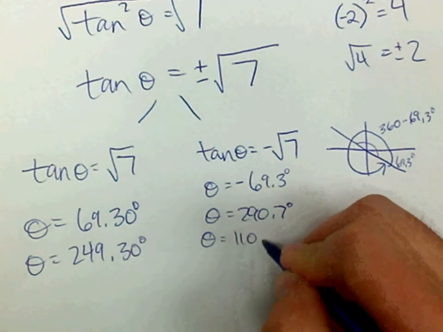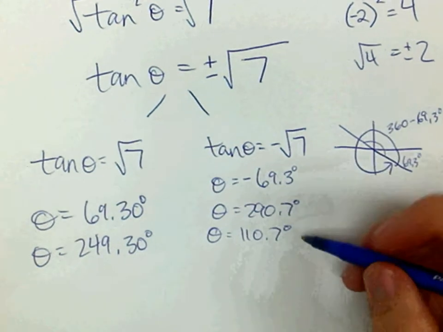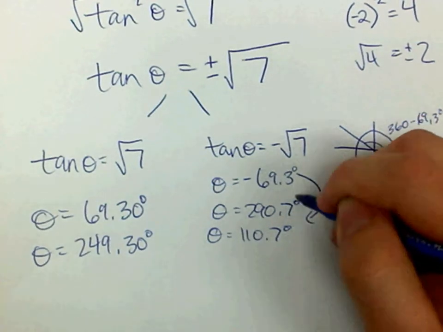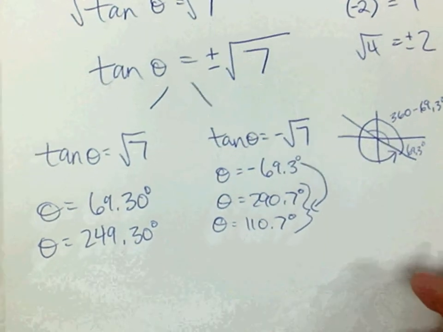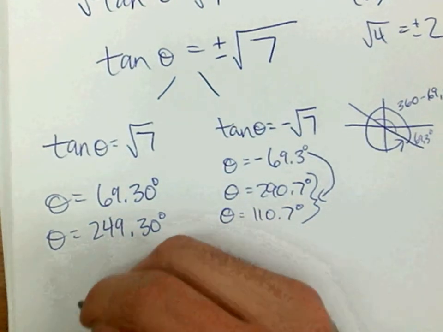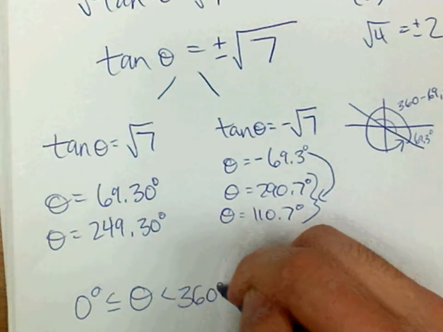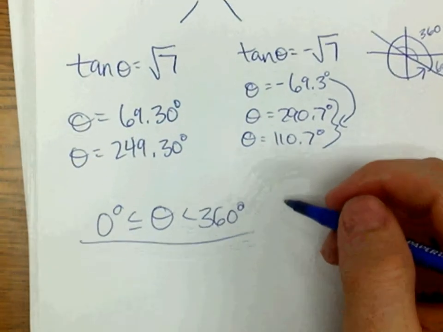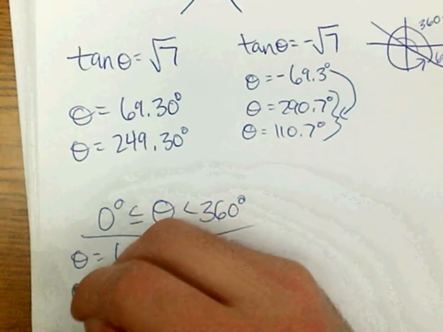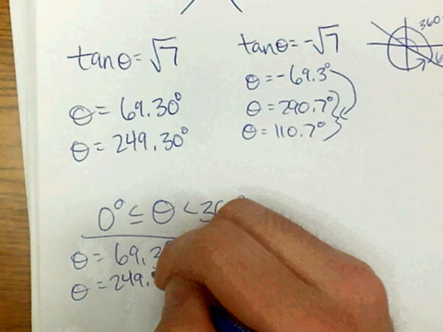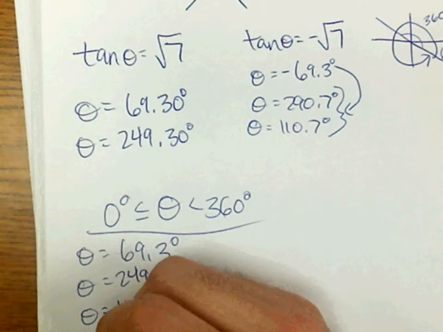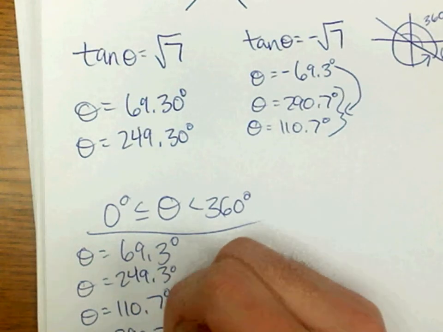I don't care how you get there, but we need to figure out that this negative angle actually refers to these two angles when we are discussing the theta that is between 0 degrees and 360 degrees. So for those, we have four answers: 69.3, 249.3, 110.7, and 290.7. Those are the four that are in one rotation.